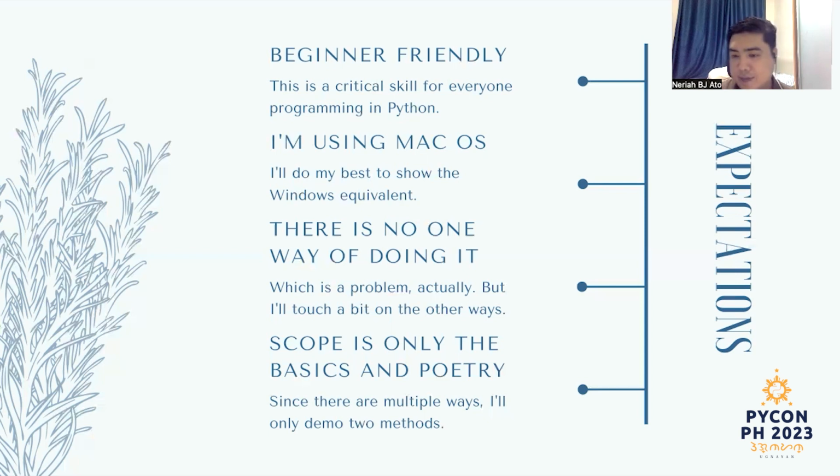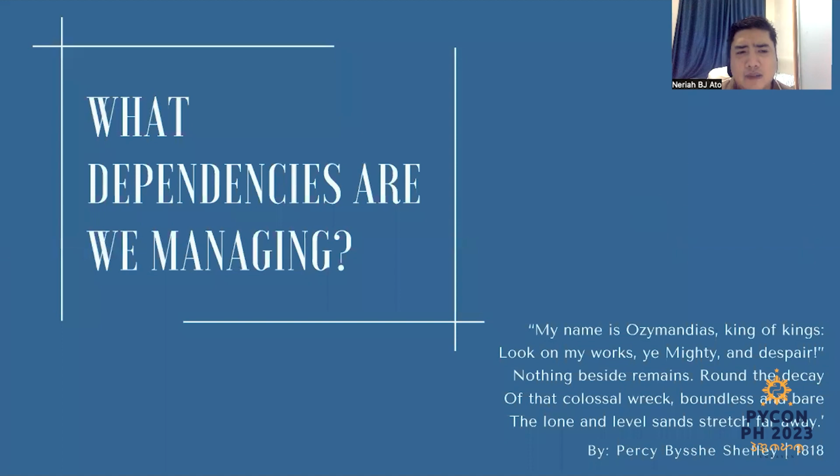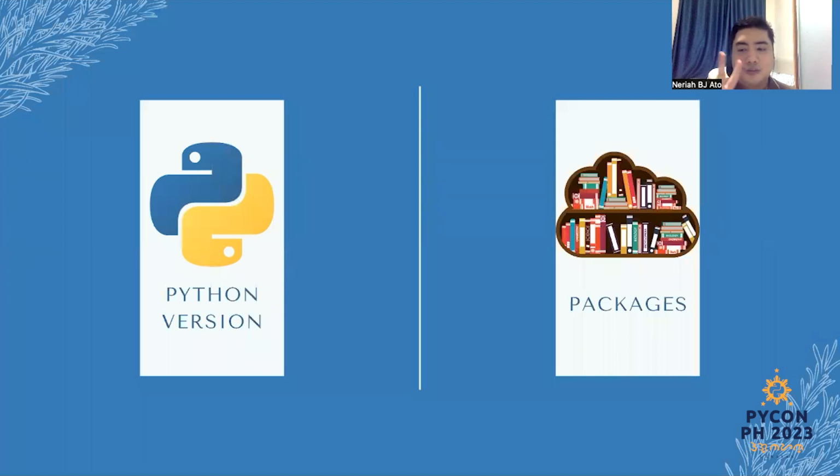Okay, so now we've set our expectations. Let's start discussing managing dependencies. So we'll start with what are the dependencies that we are managing for a Python project? So there are two. First is the Python version that your project depends on to run, and the packages or the libraries that you are using in your Python project.